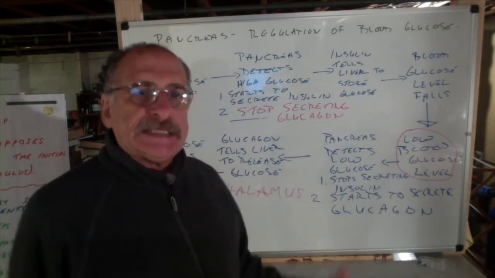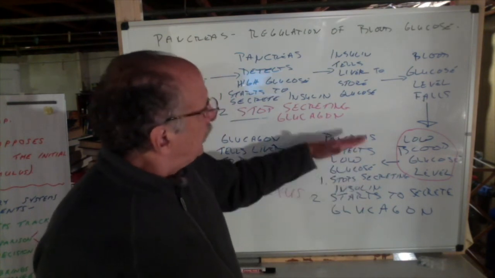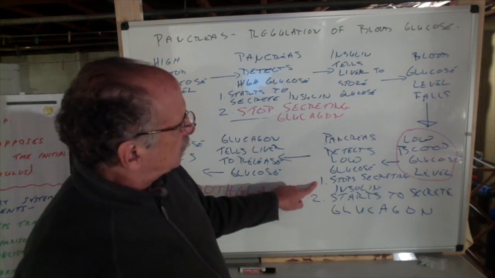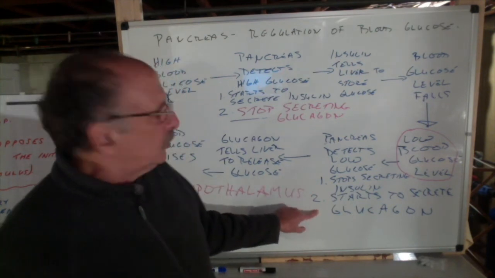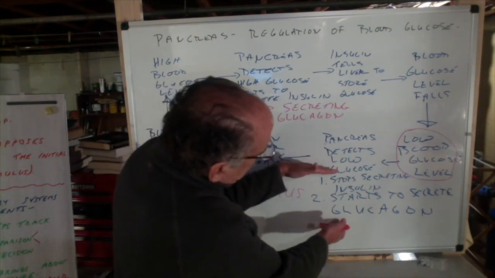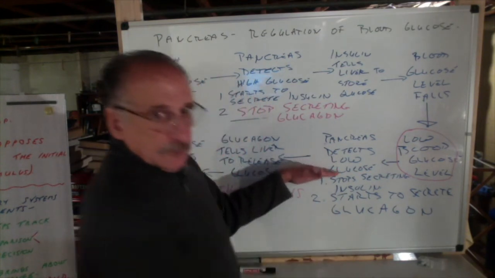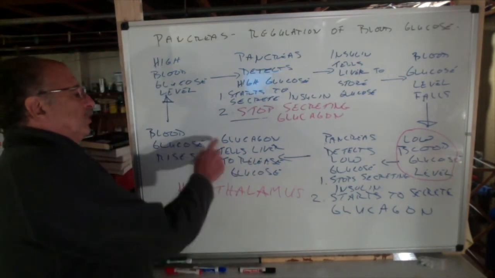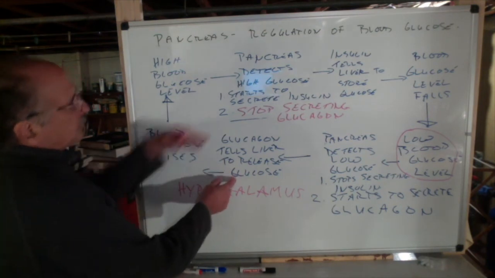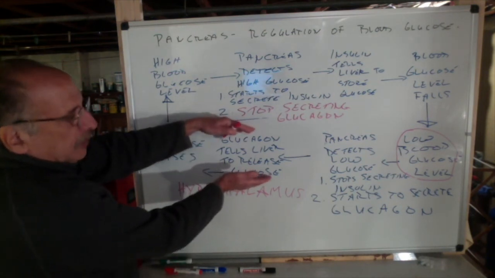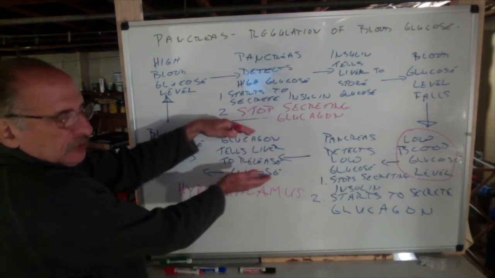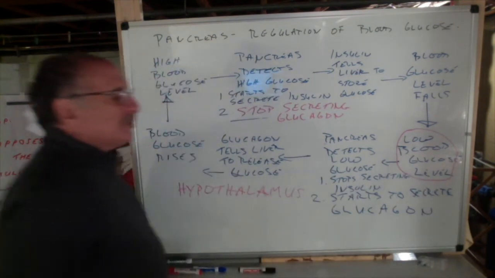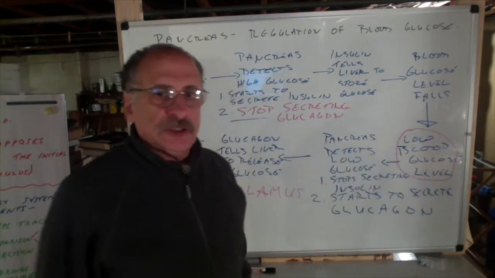But it's not in the same terms because there's nowhere in this statement of stopping the secretion of insulin or starting the secretion of glucagon, there's nothing in here that specifically says blood glucose level. Then we have this next response where the glucagon tells the liver to release glucose. In that group of words, it doesn't say anything about blood glucose level. So that response is also not in the same terms as the initial condition.